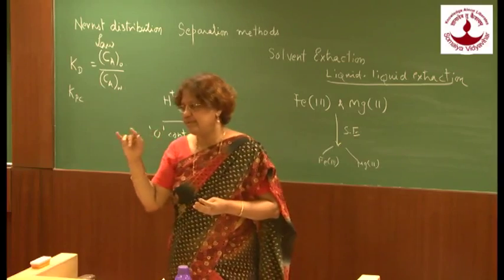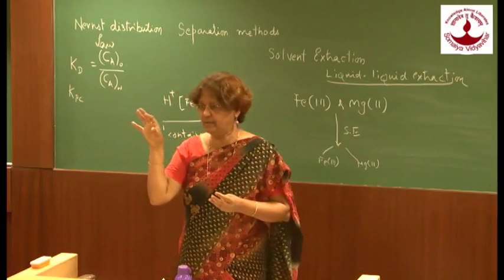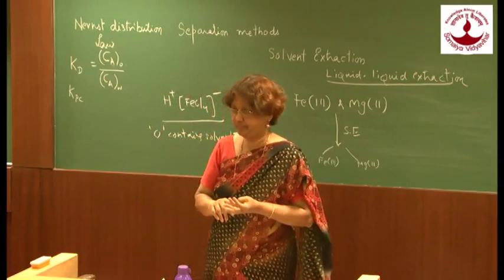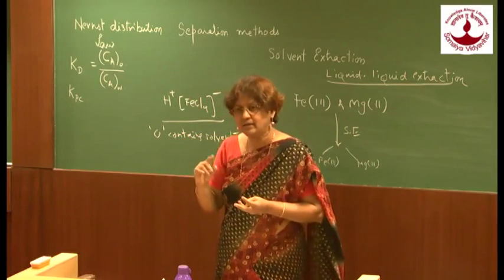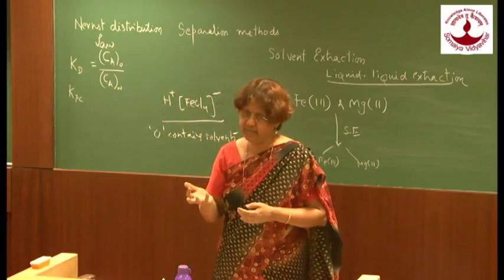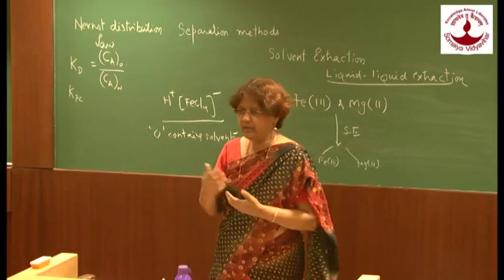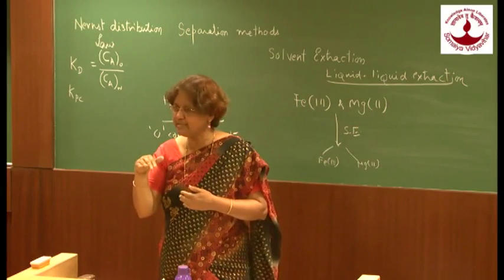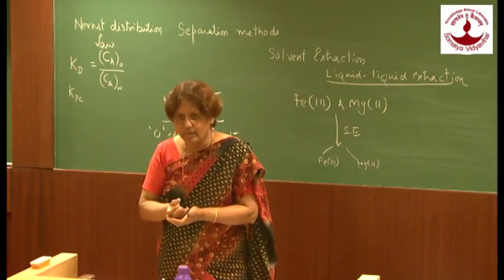Secondly, when we defined the solvent extraction, we said it should be immiscible. So there has to be a large density difference between the aqueous phase and the chosen solvent. Like chloroform or carbon tetrachloride, they have more density, so they will be forming the lower layer.